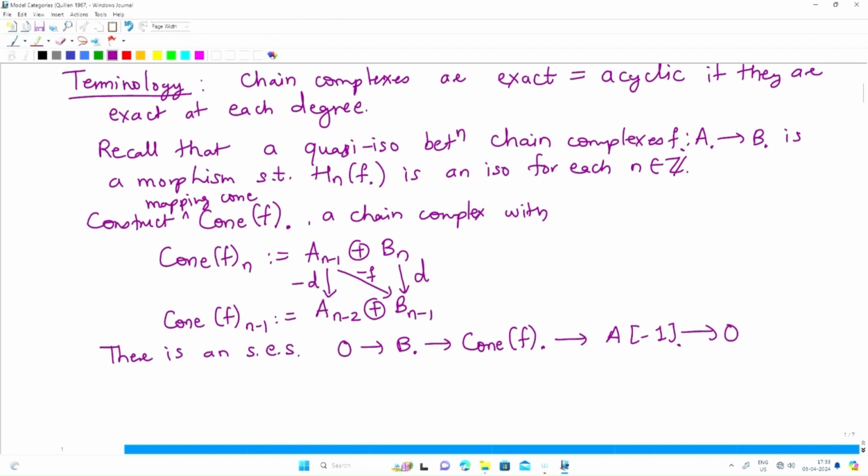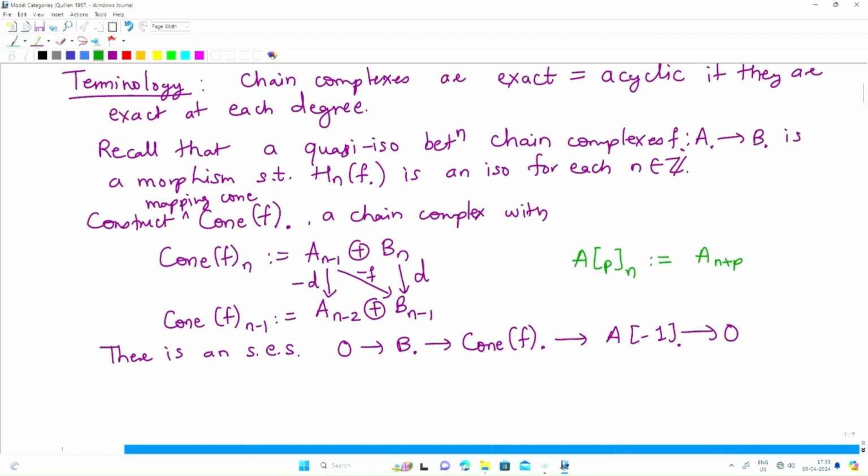Okay, so what is A minus 1? Here I should write a note for that. A P N is just A n plus P. Okay, that's the notation. So it is simply a translated copy of A itself.